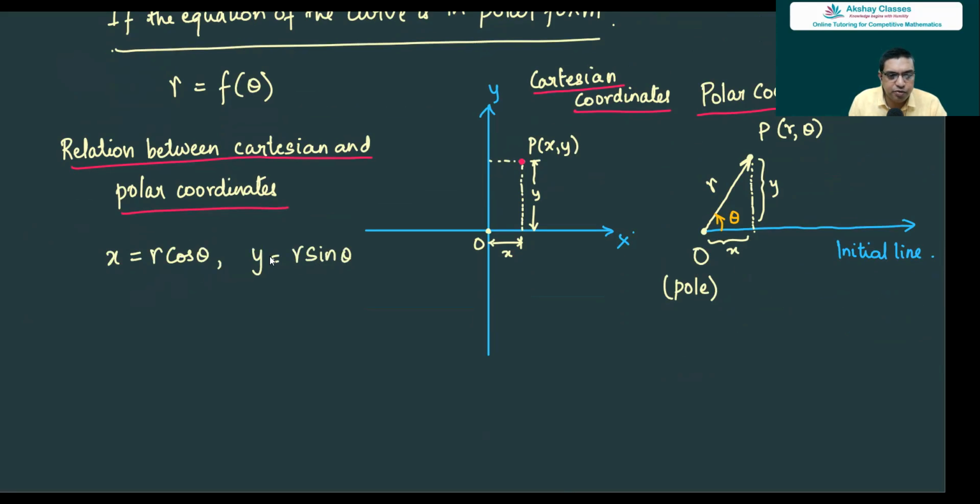This is the relationship between Cartesian coordinates and the polar coordinates for the same point P.